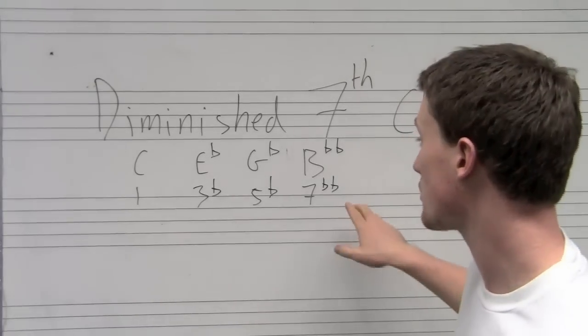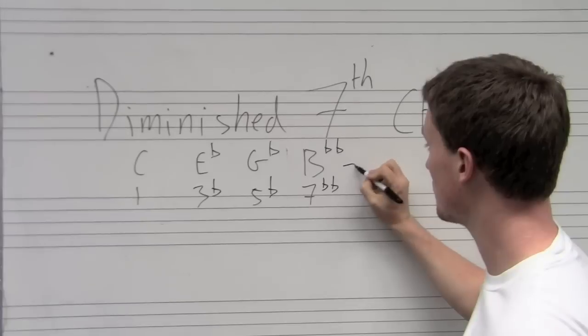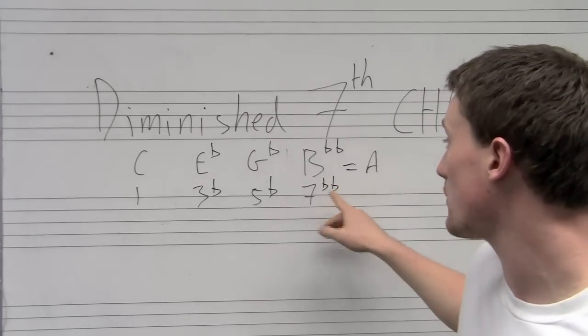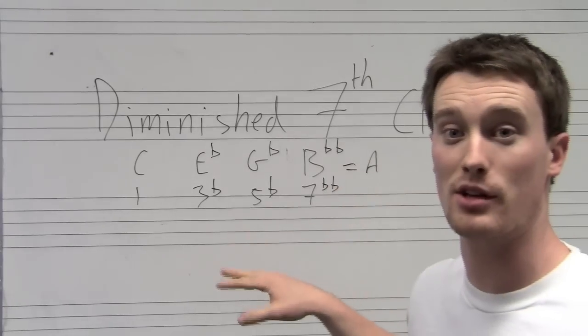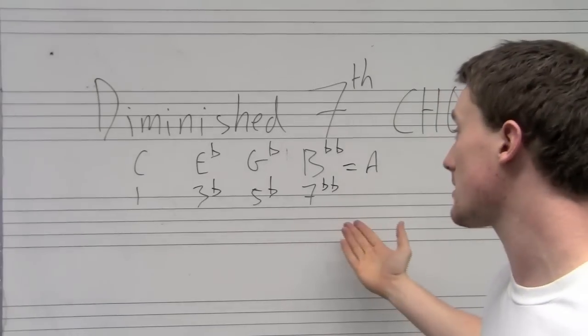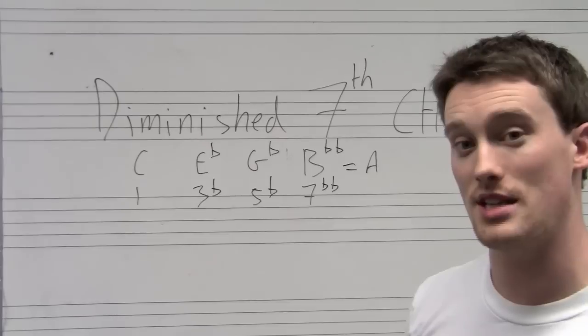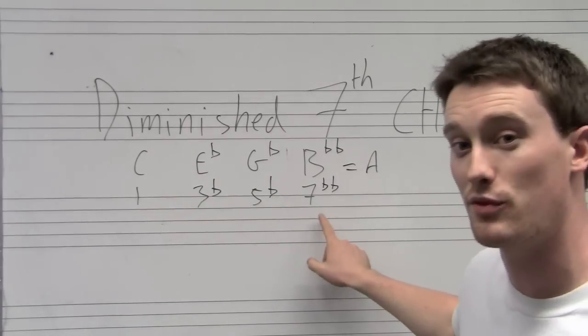That sort of a thing. So B double flat is actually A, okay? So you can think of it as B double flat or you can think of it as A. The note is exactly the same. They're enharmonically equivalent, yeah? So that's exactly the same. So they're the notes in the C diminished 7th. There's the 1st, the flat 3rd, the flat 5, and the double flat 7.